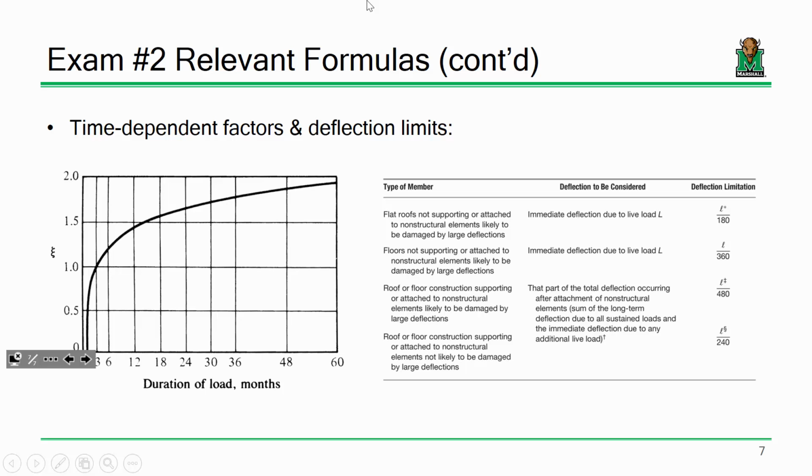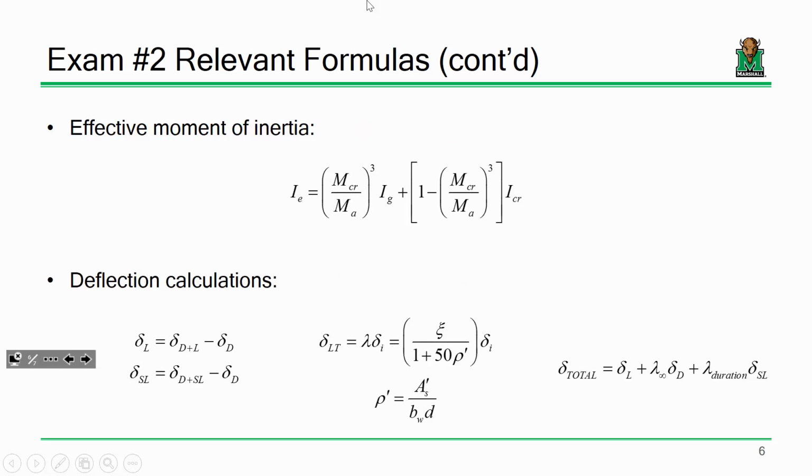Now, let me say this. The question was, are there not going to be any doubly reinforced beams? Here's my answer. I can put a doubly reinforced beam on the exam, but that does not mean you will compute phi Mn for that beam. What that means is rho prime, and that's it.